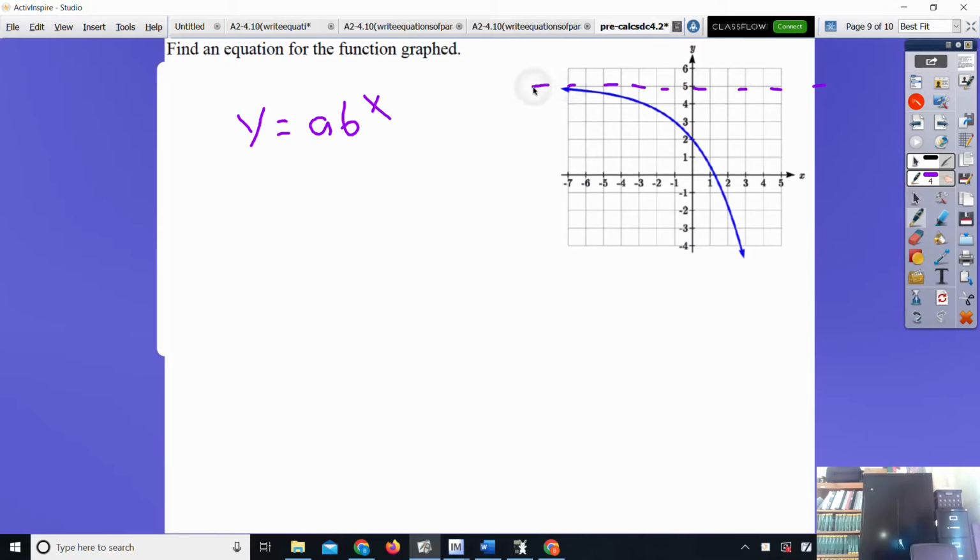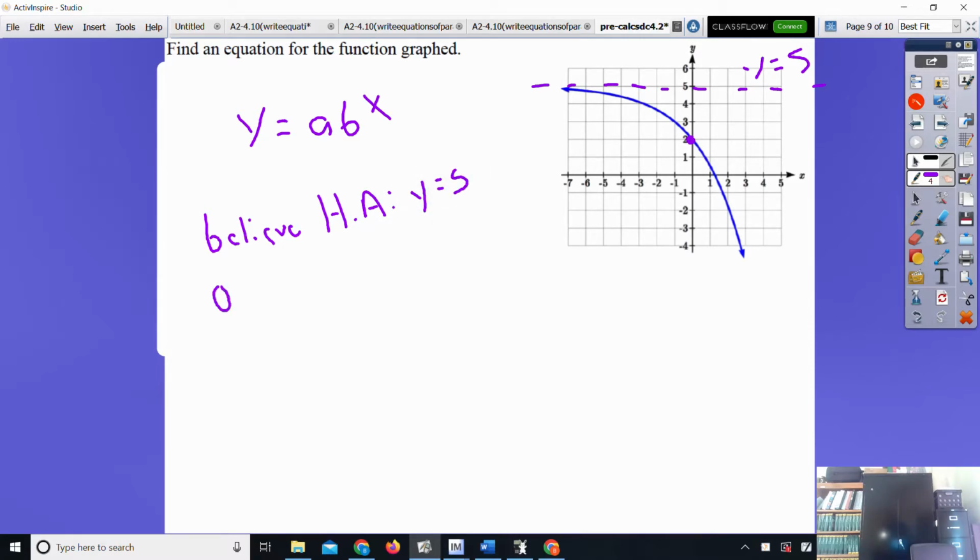There is an asymptote, and there is a nice, good, solid point. So here's what we know so far. We believe we have a horizontal asymptote at y equals 5. I'm pretty sure that's what it is.